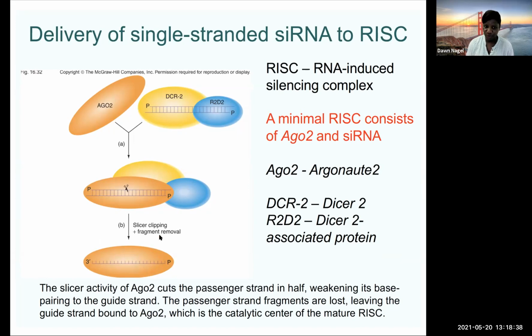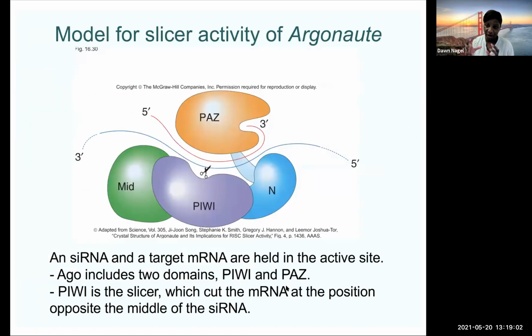What you need to know, which is super important, is Argonaute-2 and this siRNA. Argonaute-2 is the one that cuts the passenger strand in half for that double-stranded siRNA, okay? When it comes to the target mRNA, Argonaute-2 is also responsible for cleaving that target mRNA, right?